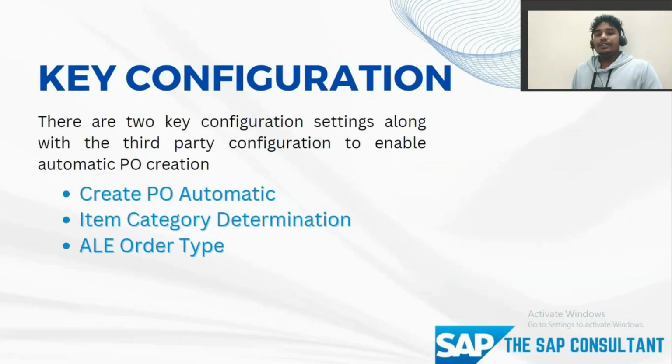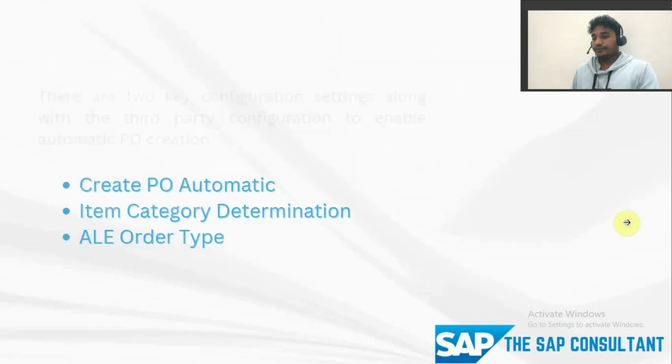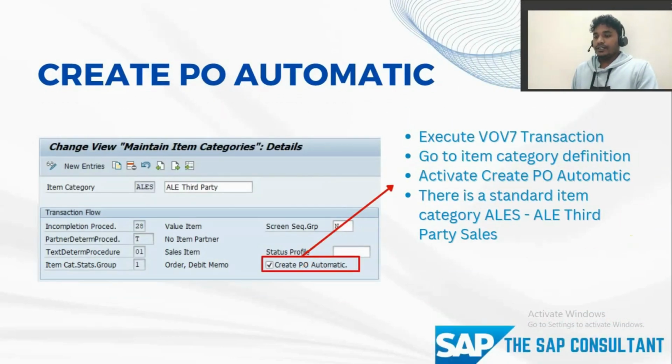The key configuration that is needed is to activate the automatic PO creation in the item category and item category determination, which has the automatic PO creation and the default order type for the automatic PO creation. There are two item categories for the third party sales.